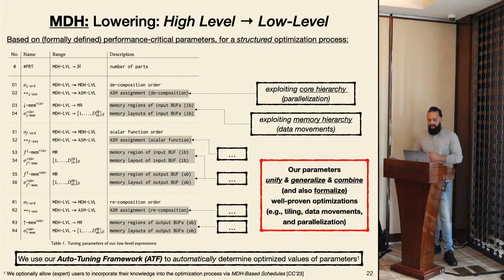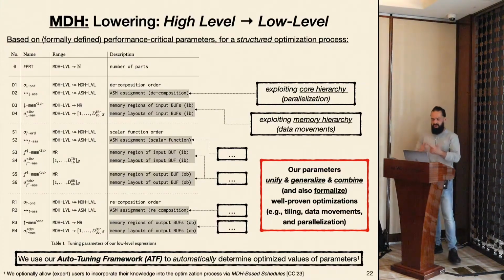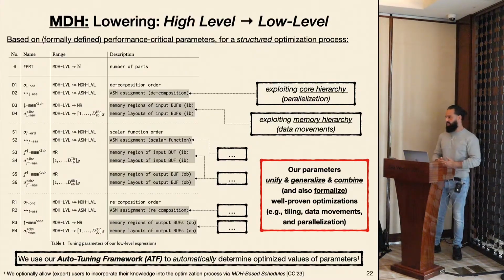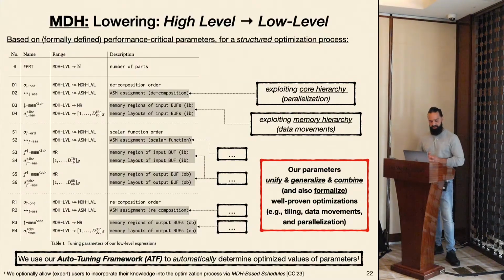These parameters influence the shape of our low-level instances, and mostly say how we want to exploit the core hierarchy and the memory hierarchy. And maybe not very surprisingly, we determine optimized values of these parameters, optimized for a particular architecture and data characteristics, using our ATF auto-tuning framework.